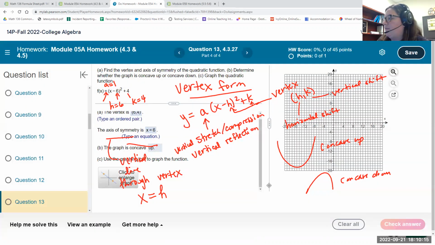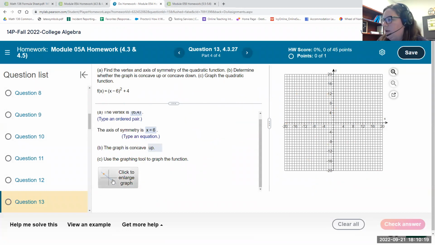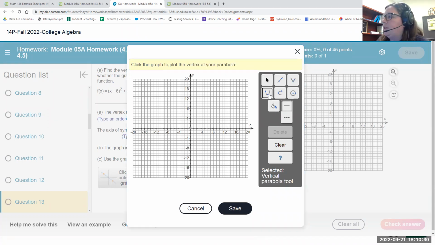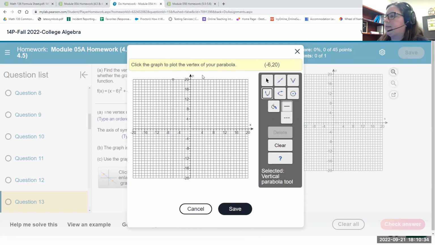All right, and then we have the graph. So let me clear off this writing here. And in this graphing tool, we have the 2-point parabola tool, the vertex and other point. So we click on this tool, and we first have to plot the vertex.